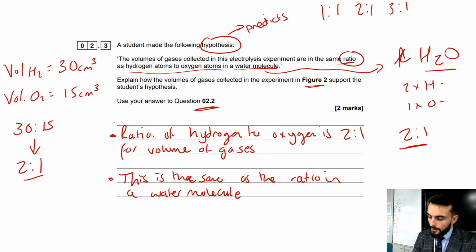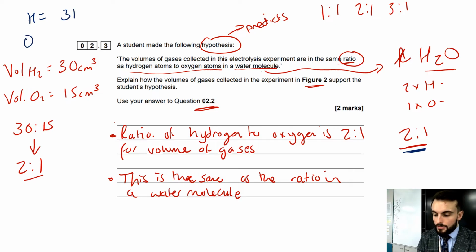Now for this one, you can escape making a mistake, because even if you messed up the measurements of volume earlier, you highlight that the ratio of hydrogen to oxygen in water is 2 to 1, but yours doesn't match that. So for example, let's say you had hydrogen was 31 and oxygen was, I don't know, 14.